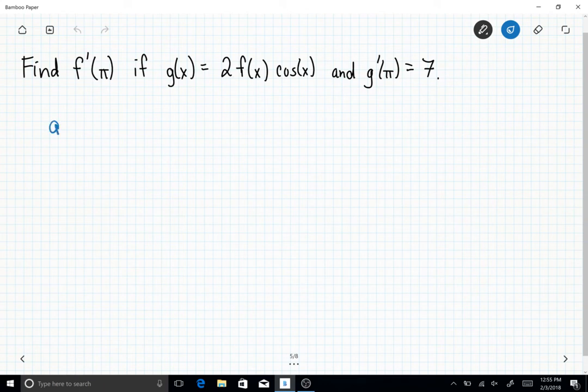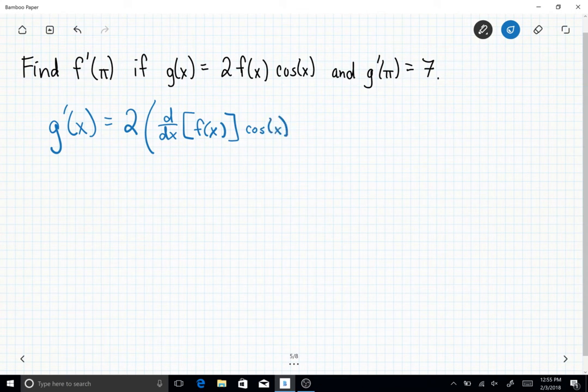so we're going to need to take a derivative. So if we calculate g prime of x, notice that would equal, we can factor out the 2, take the derivative of the first function, which is going to be f of x. So the derivative of f of x times cosine of x plus the function f of x times the derivative of cosine of x. So what do we get at the end of the day?